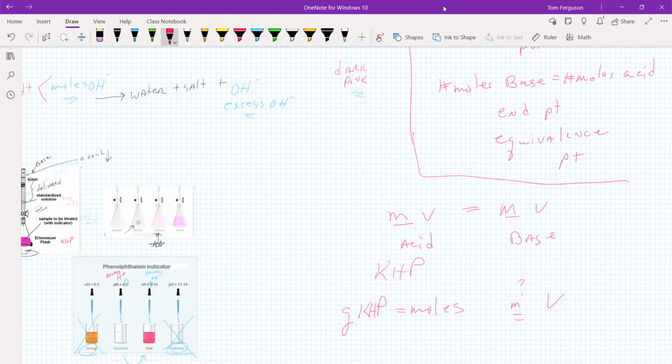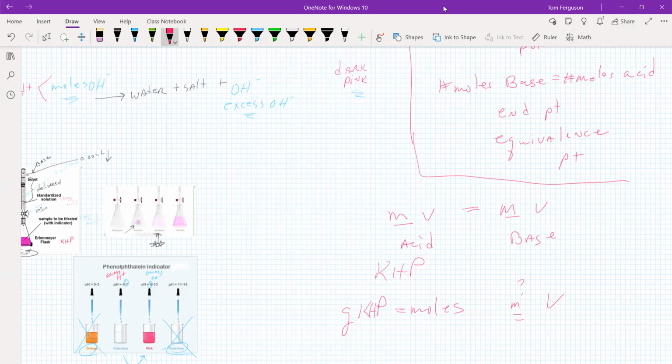So we're not doing lab 16. So I want you to focus on calculating the concentration of your sodium hydroxide. So the goal of lab 15 is to calculate that concentration using moles of KHP against moles of sodium hydroxide. The volume of sodium hydroxide comes from the milliliters on your burette.